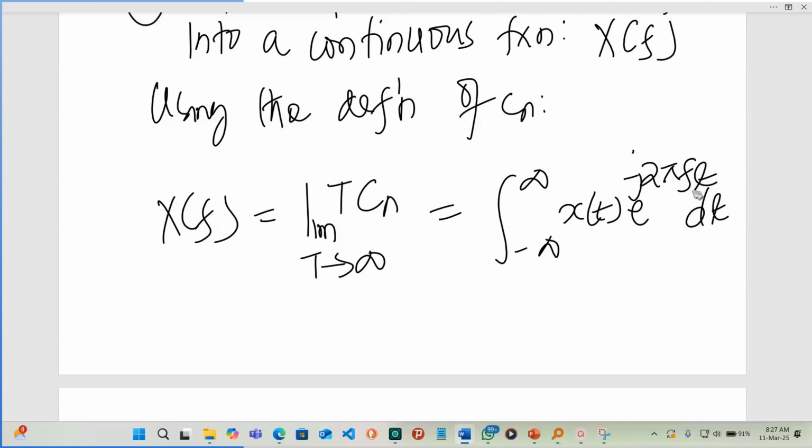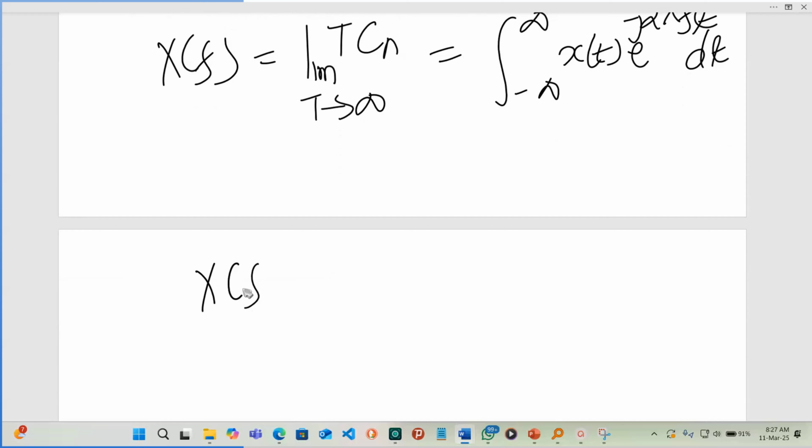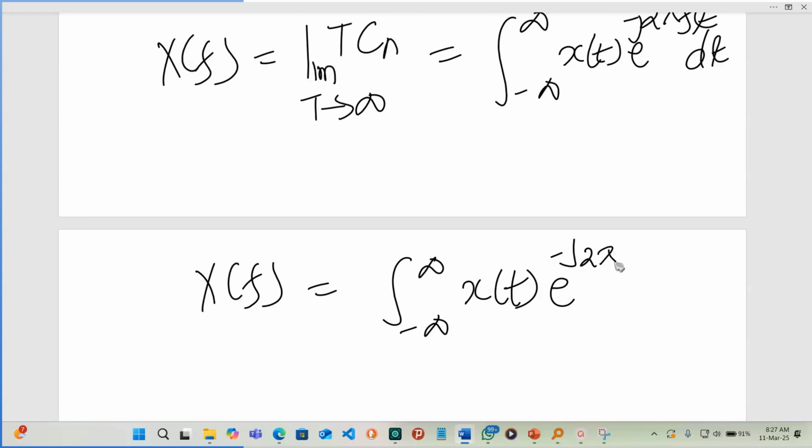So what does that tell us? This becomes X of f equivalent to the integral from negative infinity to infinity of x of t exponential of negative j 2 pi f t with respect to t, which is the Fourier transform.